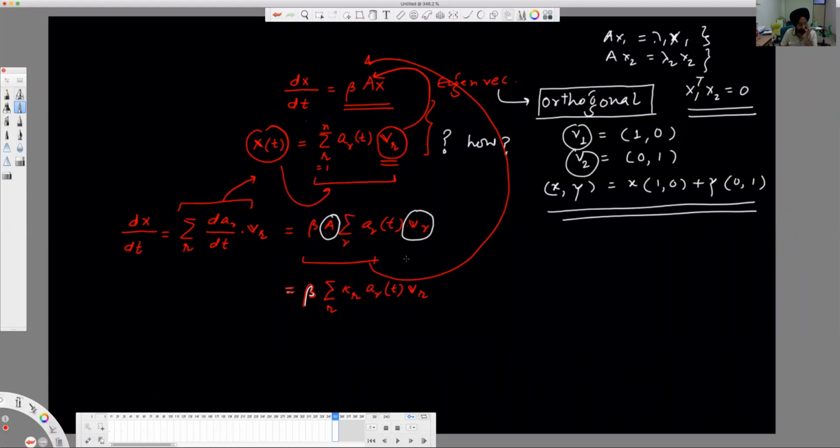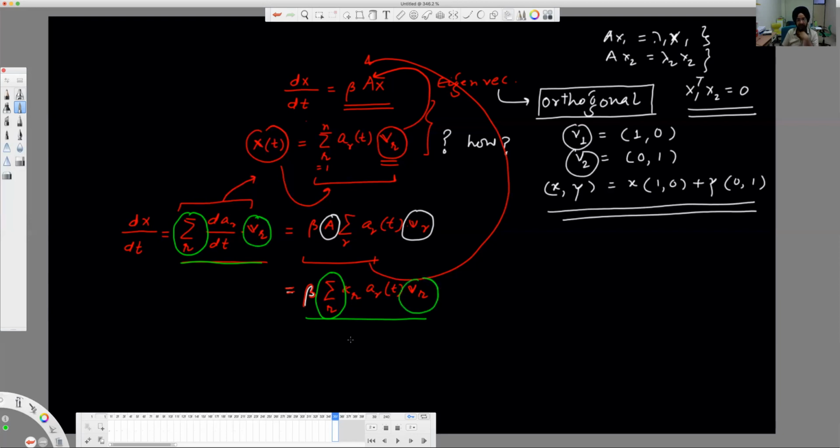Now here is the trick that we will use. We will try to find out the common things in this equation and in this equation. Summation over R is common, right? Summation over R is common here, and v_R is common.